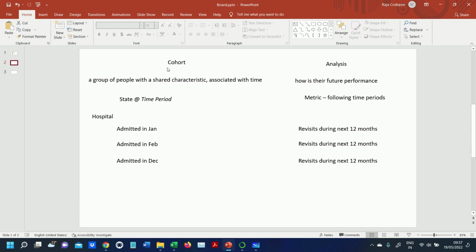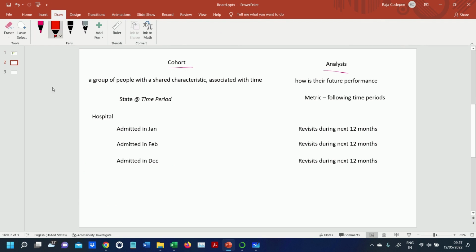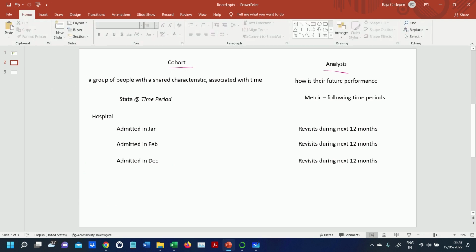This is what the dictionary definition says: a group of people with a shared characteristic, along with that associated with some time. So this is how you need to see the definition of a cohort when you're doing data analysis.